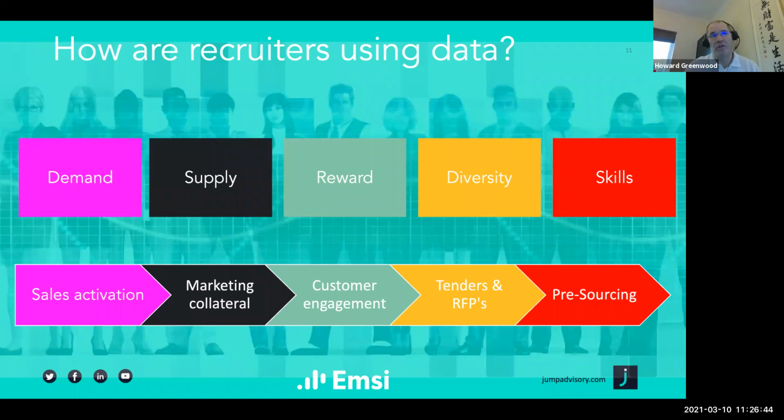And that means from a recruitment point of view that I can look at my client set and start to look at my demand, supply and reward sector, but then start to look at the skill sector on my CRM and say, have I got the right number of people that can actually feed the clients that I'm working with? So it gives both sides of the coin for our recruitment owners: it gives you the client data that you want, but it also gives an understanding of your data. Is your data good enough to actually service the clients that you're currently working with now and in the future? Yeah, 100%.